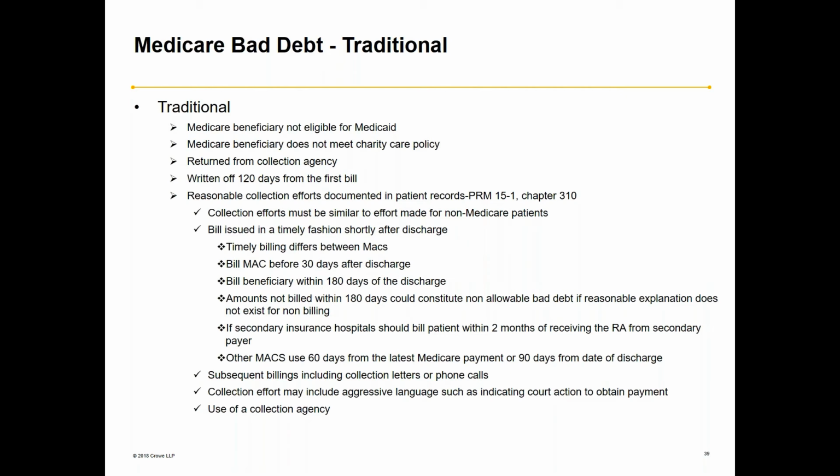Then it gets returned back to the hospital. So it has to be that all payers are returned back, not just Medicare. So if you keep them all at the collection agency to be worked, then Medicare has to stay there and be worked. Basically, the same efforts have to be done for Medicare as the same thing you're doing for non-Medicare patients.